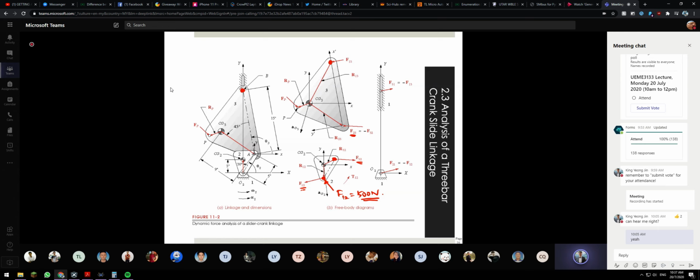I think last week, one of your friends asked why we never consider the mass, the mg caused by the gravity. If you look at here, we never say there is an mg force here. The reason is that in mechanics of machines, we are looking at the dynamic force.